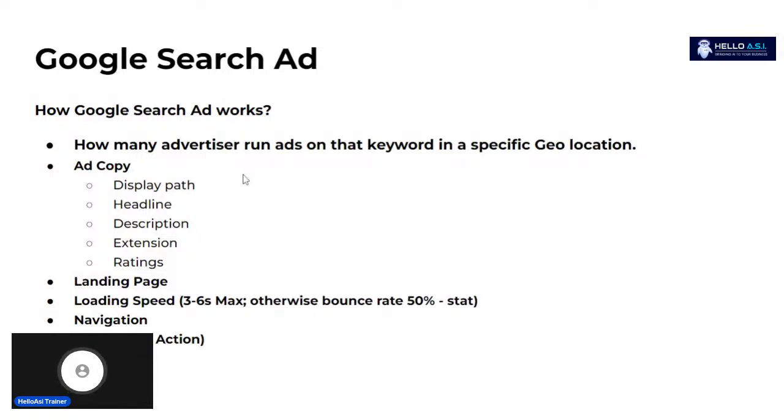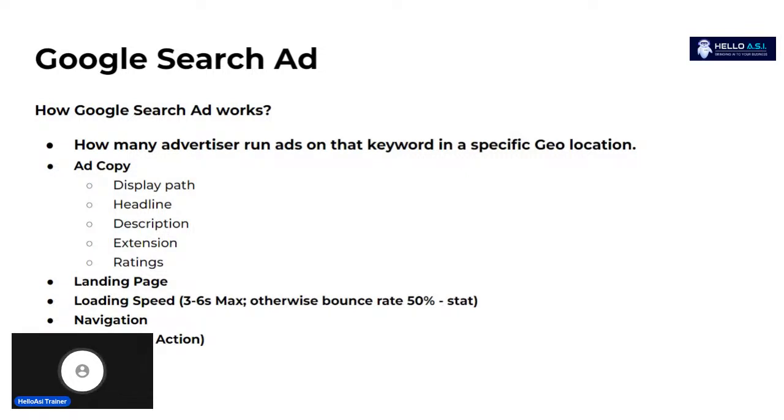In the search ad there are many parts available. One is the display path, another is headline, description, extension, and rating. I am just showing some of them. Display path means what the URL will be. It will not be clickable.